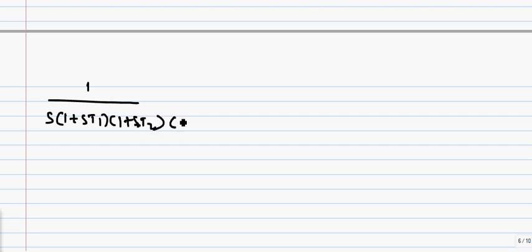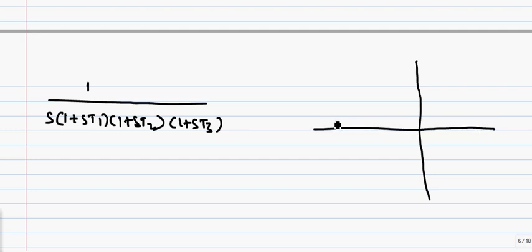And if we look at another function which we have discussed in the previous videos, 1 over s times (1 plus st1) times (1 plus st2) times (1 plus st3), okay. If you take the polar plot for this, let's draw it. The reference we are taking will be minus of t1 plus t2 plus t3.